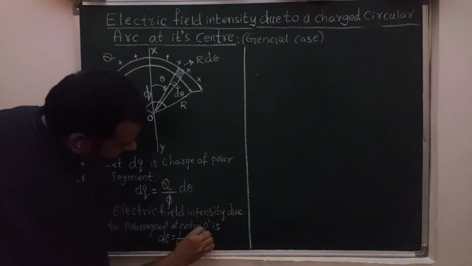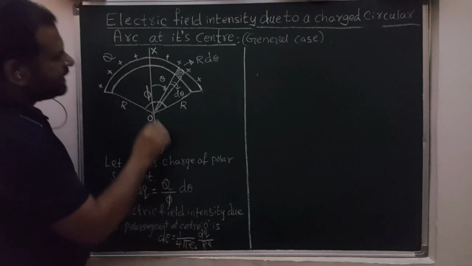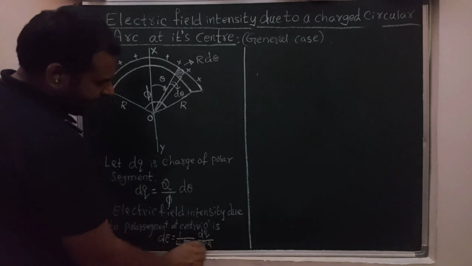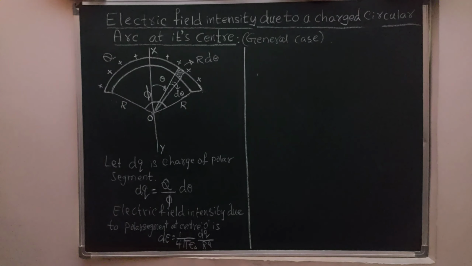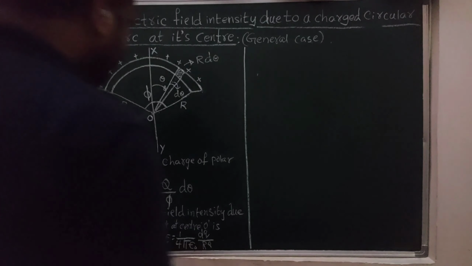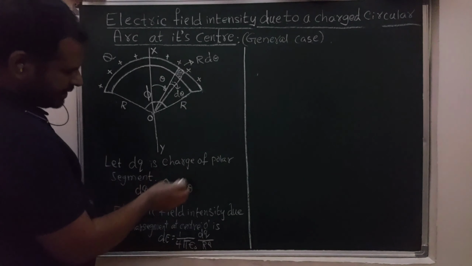Later we write the dq value. So dq divided by the square of the distance from the polar segment to the center. Here r is the radius, so dq by r square. Now we can substitute the dq value.